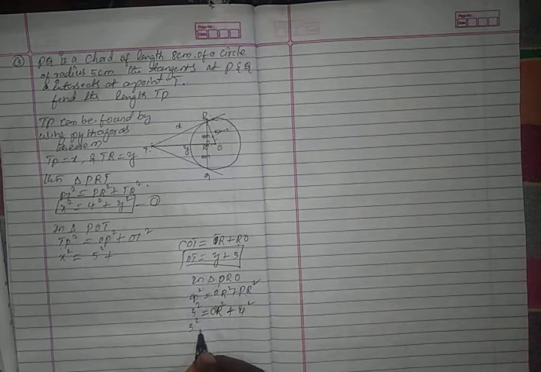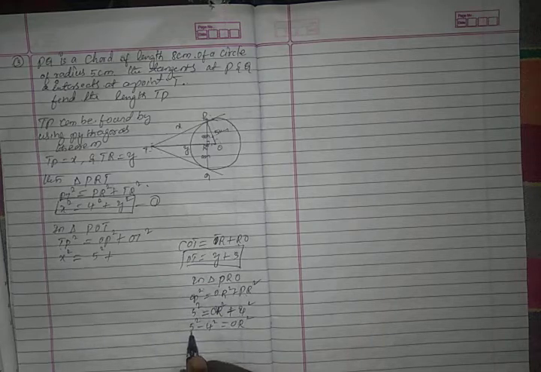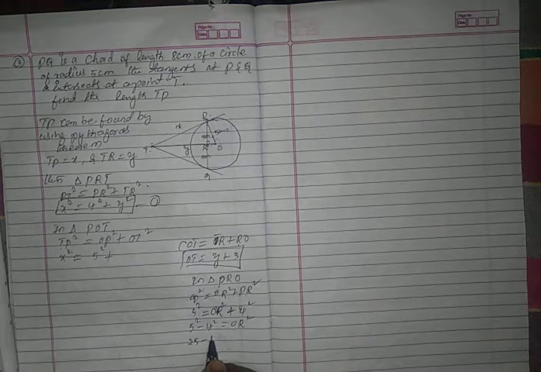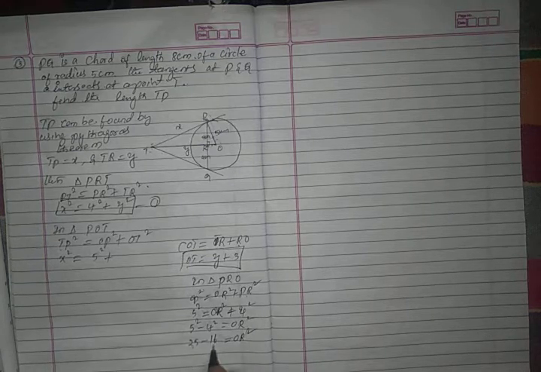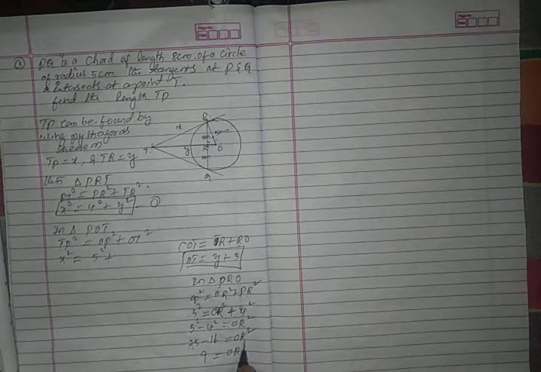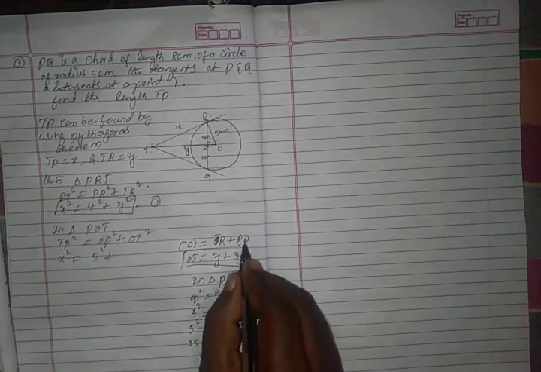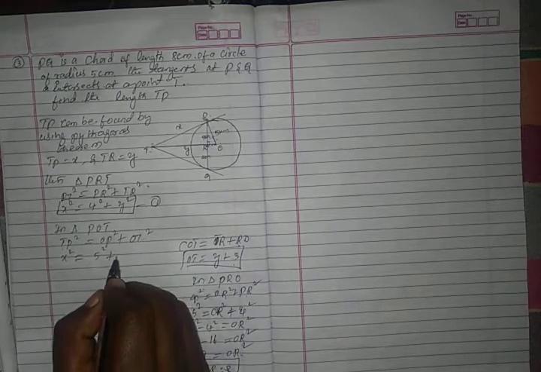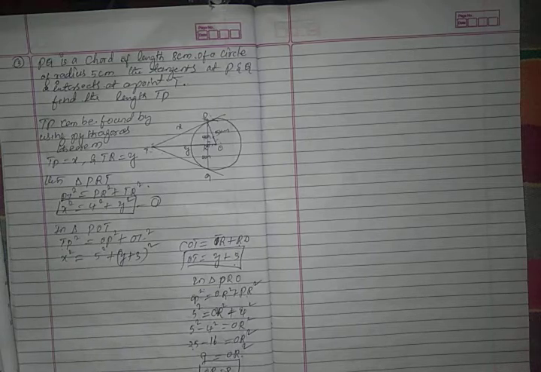So 5 square minus 4 square is equal to OR square. 25 minus 16 is 9, which is equal to OR square. OR is equal to square root of 9, which is 3. Therefore OR is 3.